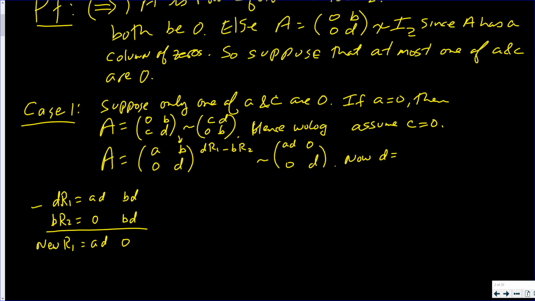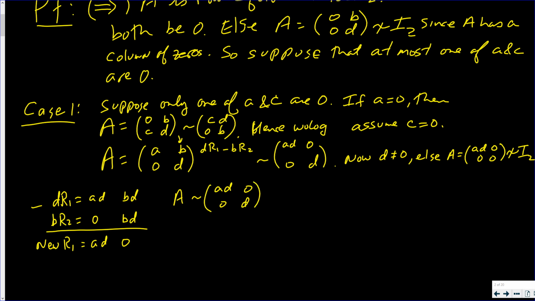Now, D is not 0, else A is equal to AD 0, 0, 0, which is not row equivalent to I2. So D is not 0. So A is row equivalent to AD 0, 0, D, and D is not 0.